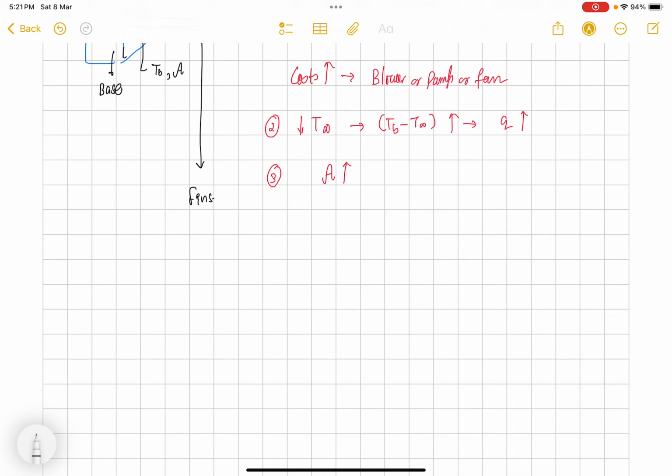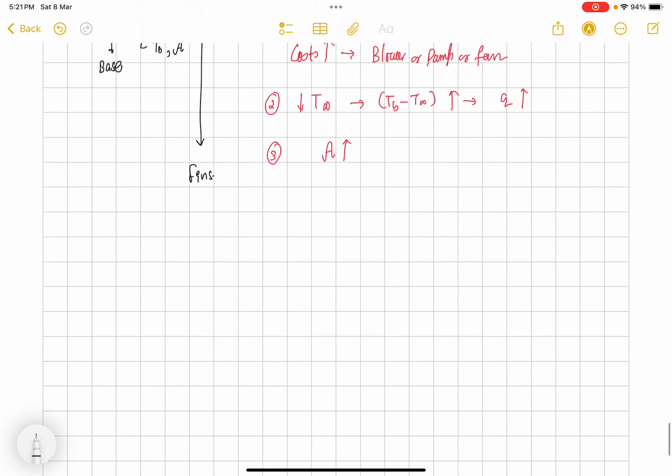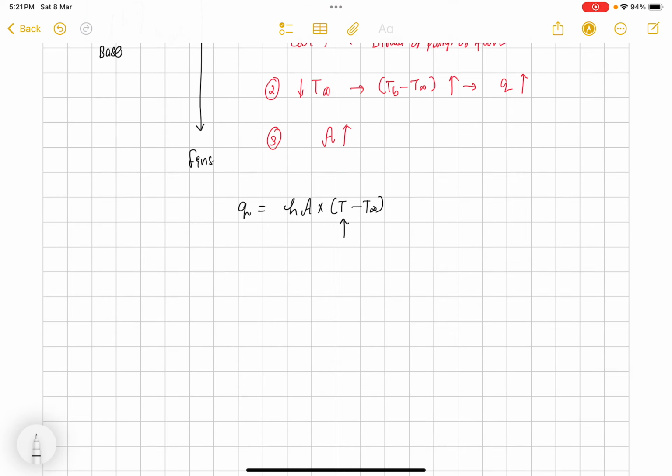Right, because the heat transfer from the fin is h times surface area times the temperature at any location. So if at any point in the fin, let's say these are many points along the length of the fin and this is the base temperature, we want in the ideal scenario that along the length the temperature should not vary too much.